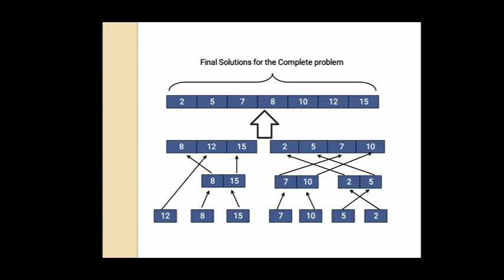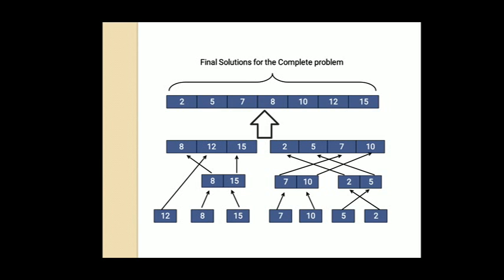Next we move to level 2, wherein we consider three elements now, 8, 15, 12, which are again unsorted. So 8 is put into the first position, 12 in the second, 15 in the third.